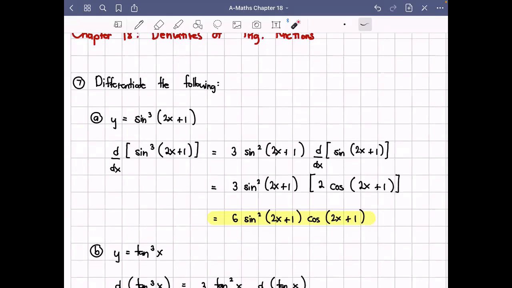So here we have y is equal to sine cubed, or sine to the power of 3, of 2x plus 1. Okay, so let's derive this. So when you derive this, again, this exponent, or this index here, will be multiplied in front of the identity. That's why you have 3 here.